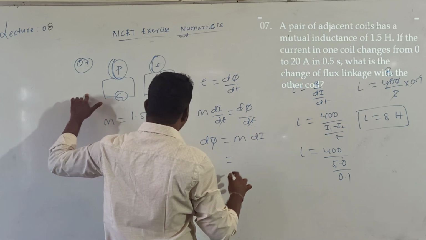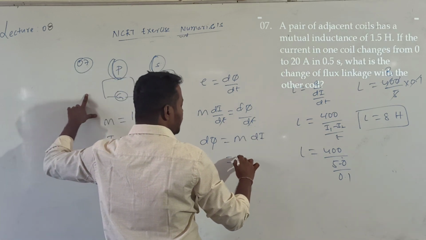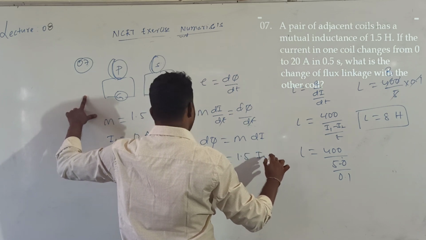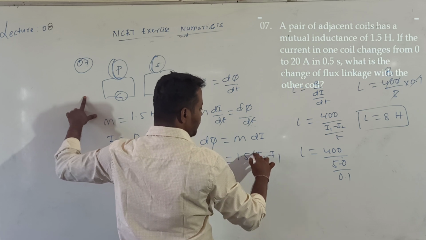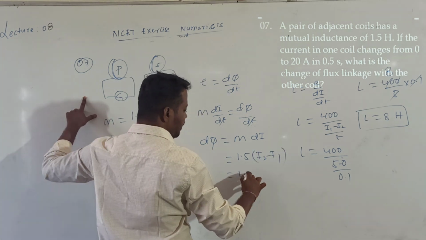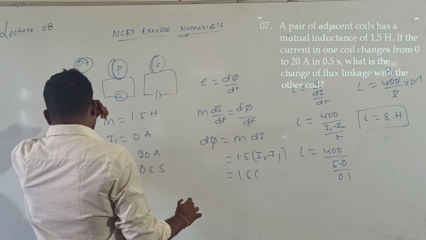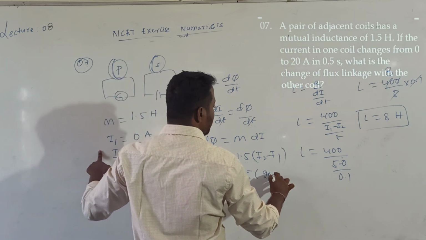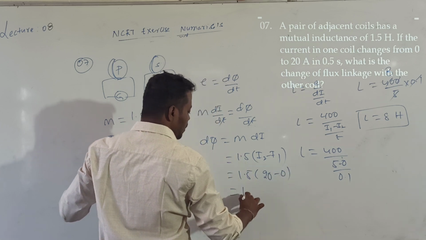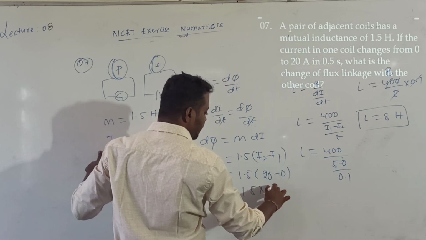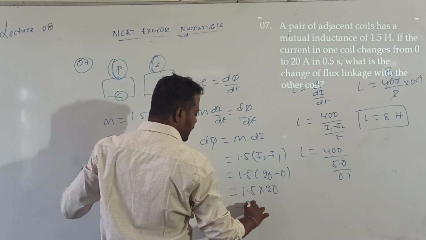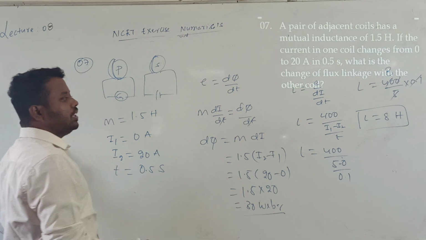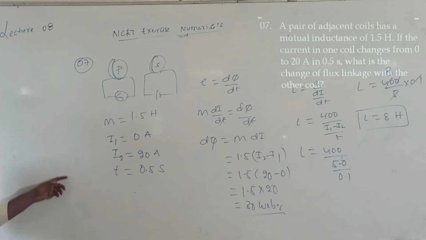The mutual inductance value is 1.5, and di is given by I2 minus I1, so 1.5 into 20, which is 1.5 into 20, 15 2s are 30. So the magnetic flux linked with the coil will be equal to 30 Weber.